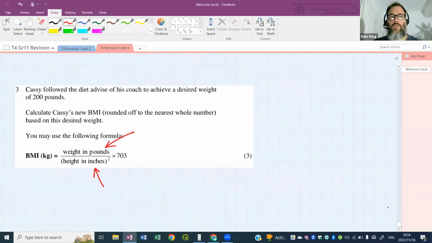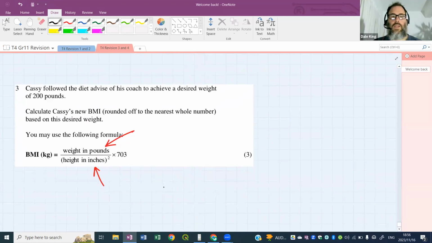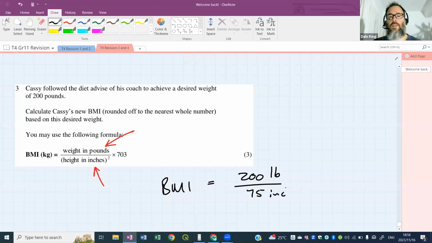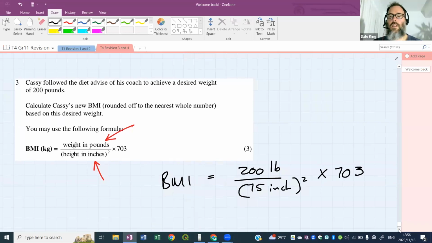So we'll plug in the pounds at the top and the 75 inches, which we've just calculated. And we have to square that. And then we still have to multiply all of this by 703, just like the formula says.